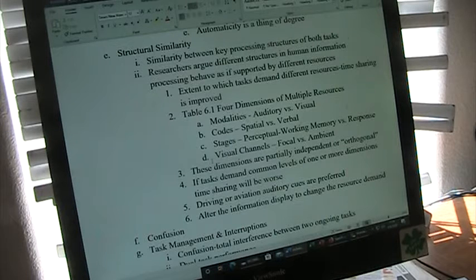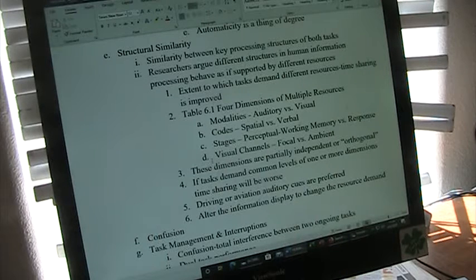Our different structures in human information processing behave as if they're supported by different resources, and that is the theory that we're going with here. To whatever extent our tasks are demanding different resources, the time sharing within the task, our multitasking, is improved.